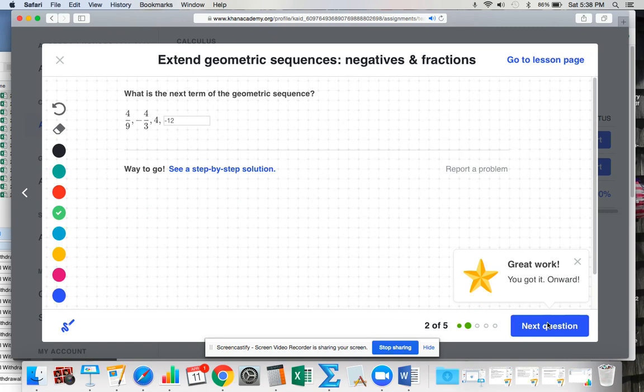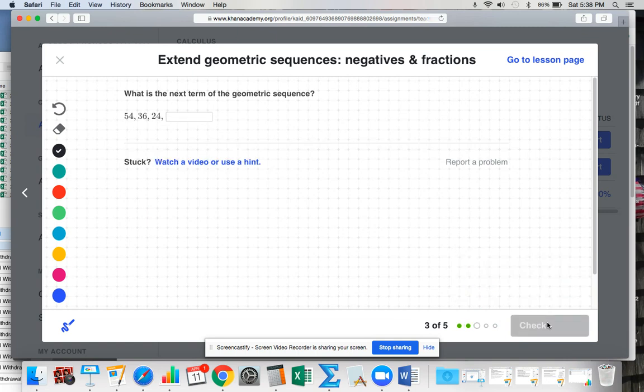All right. What is the next term of this sequence? Now, with geometric sequences, you are going to multiply or divide by the same number each time. I like to think of multiplication, really.